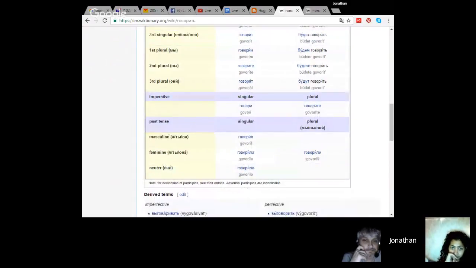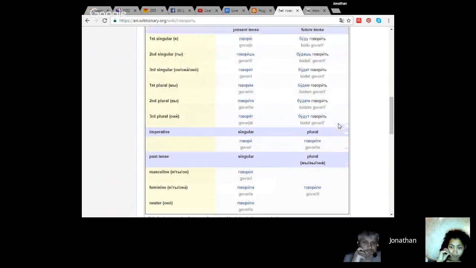Here, the past tense. So as I mentioned, you have ya govoril, on govoril, a masculine form, because it conjugates more like an adjective, and the feminine form, ya govorila, which conjugates like a feminine adjective, and then the neuter govorilo. And then everything in the plural for my, vy, oni, you have this form, so as like a plural adjective.